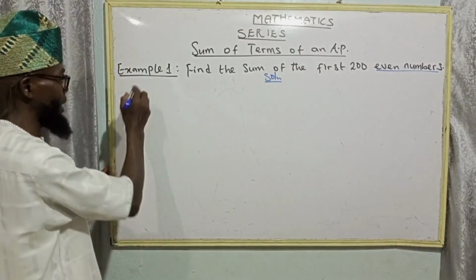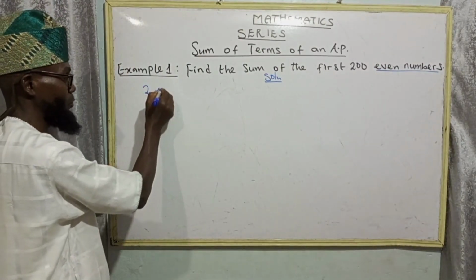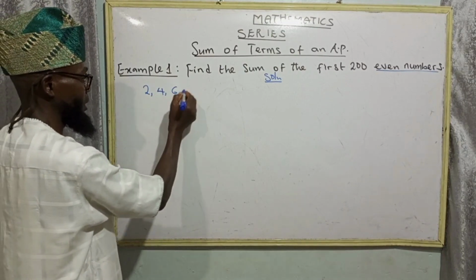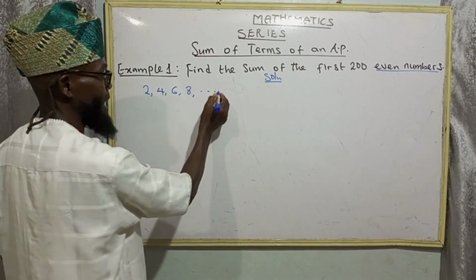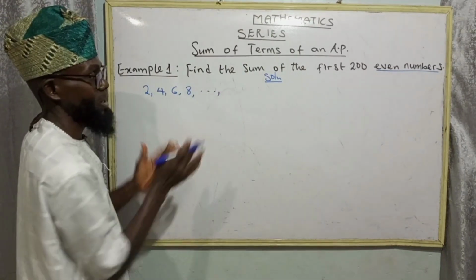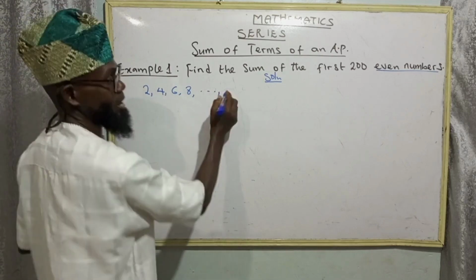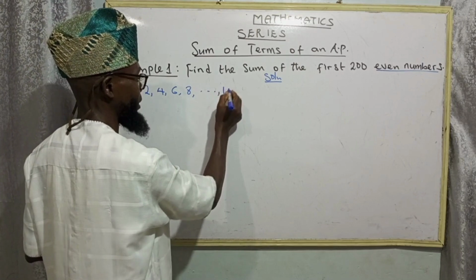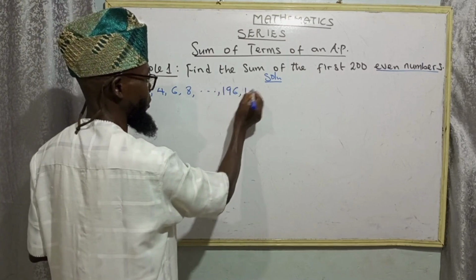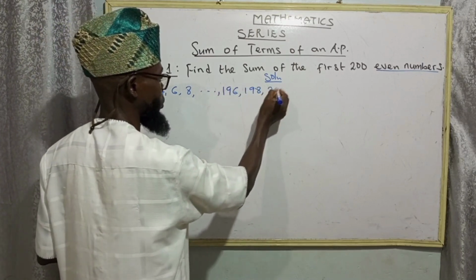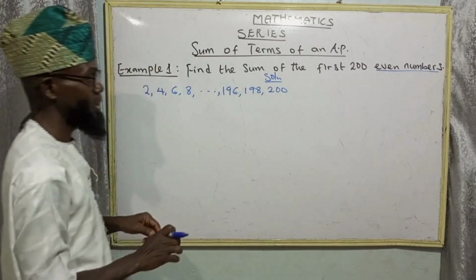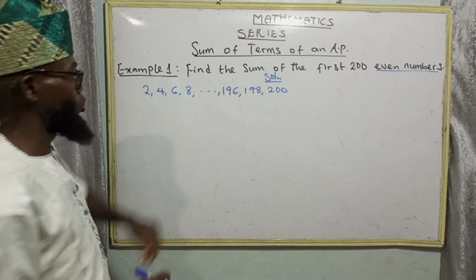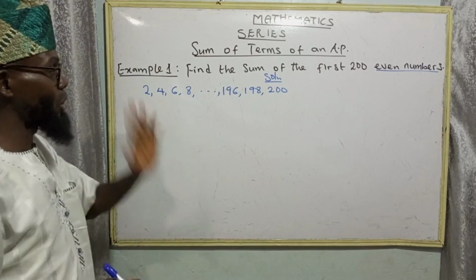So the even numbers are 2, 4, 6, 8, and so on, going to 196, 198, and 200. So since we have the last term, which is 200, now find the sum.